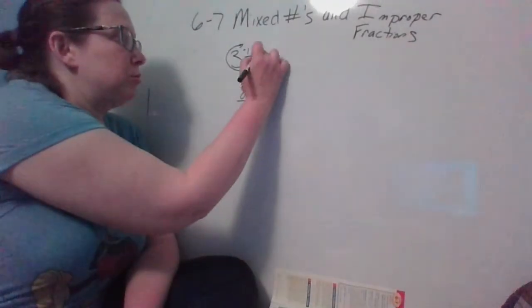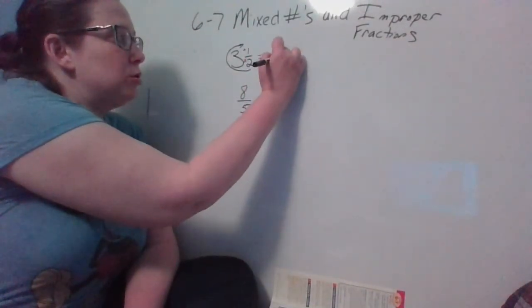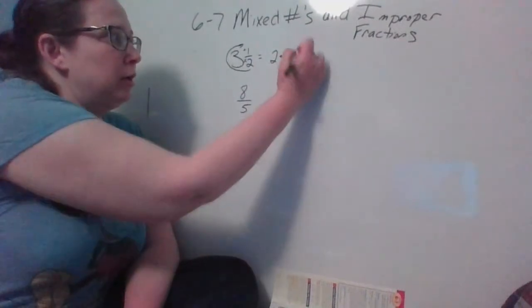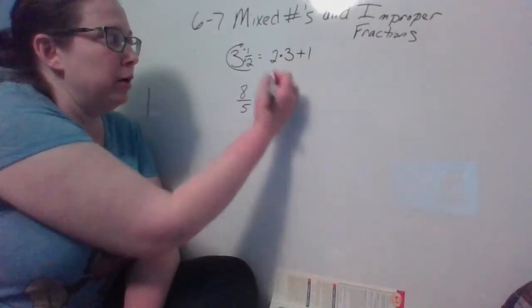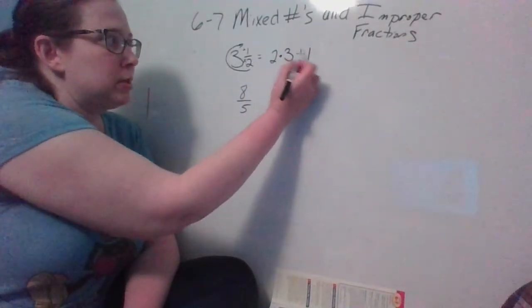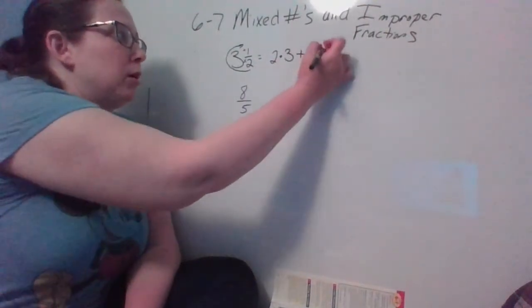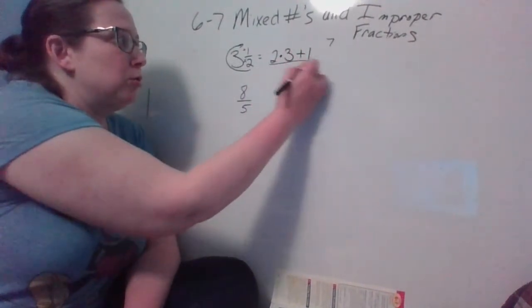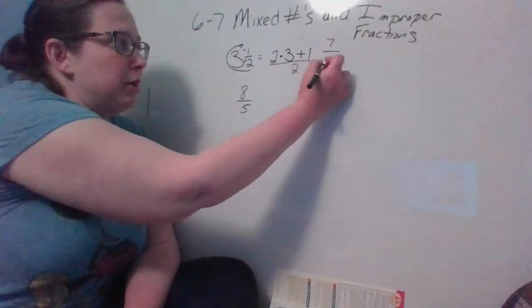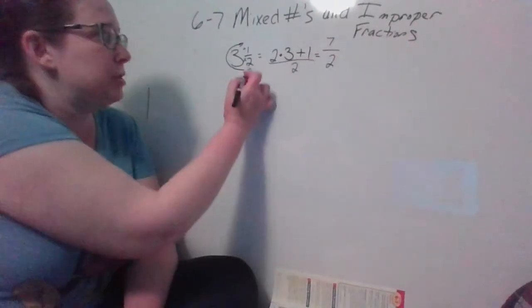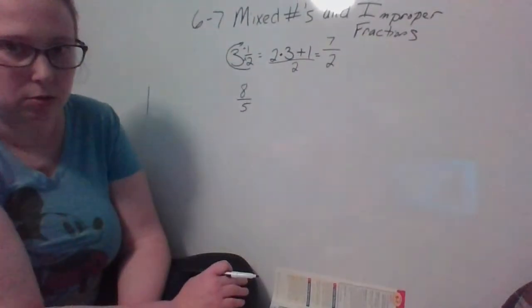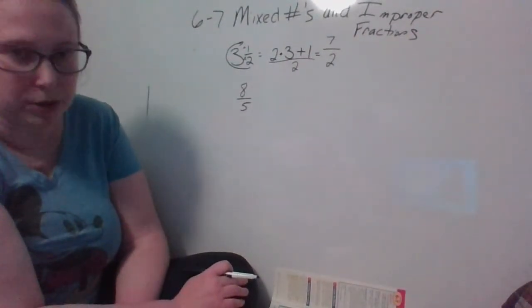So we would do 2 times 3, and then we're going to add 1. So 2 times 3 is 6, plus 1 equals 7. So our new numerator here is 7. Our denominator stays the same. Our denominator always stays the same.